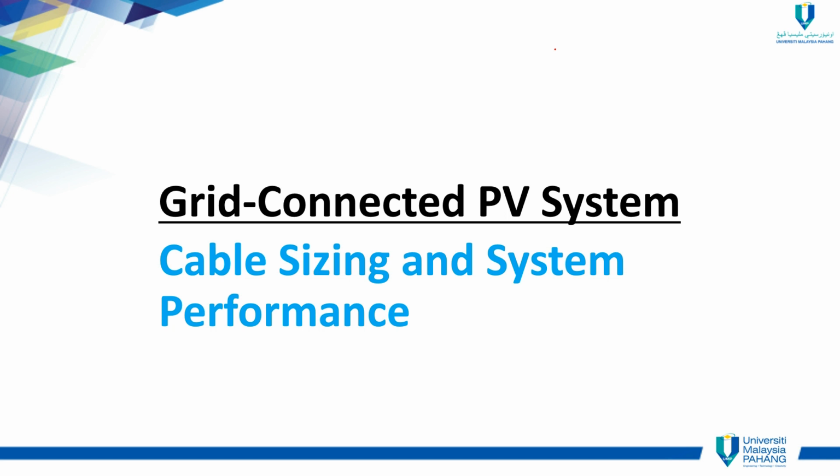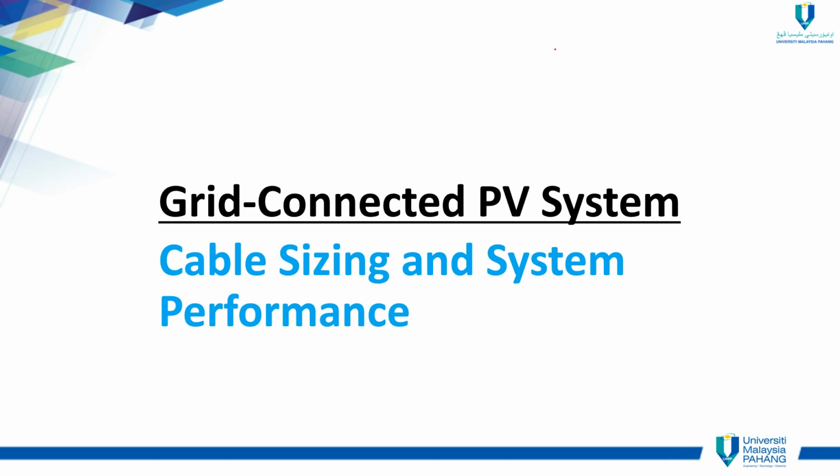Until now we have covered the selection of the inverter, the ratio 0.9 and 1.0, and we have finished the voltage matching between the inverter and the PV modules.